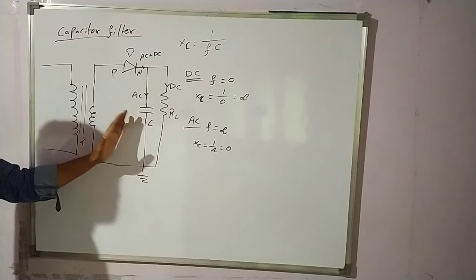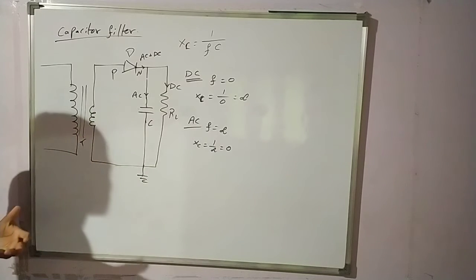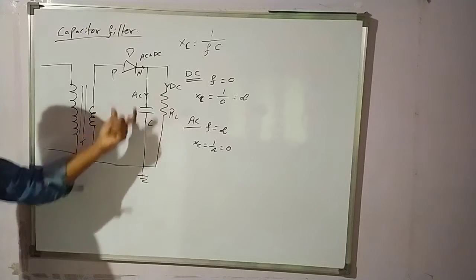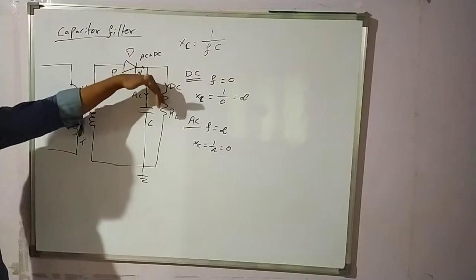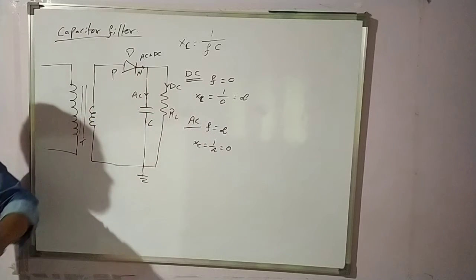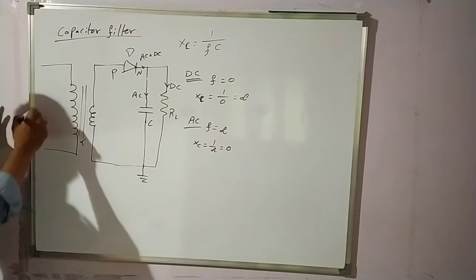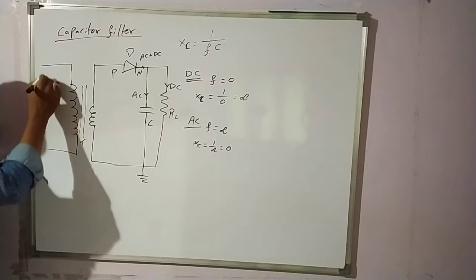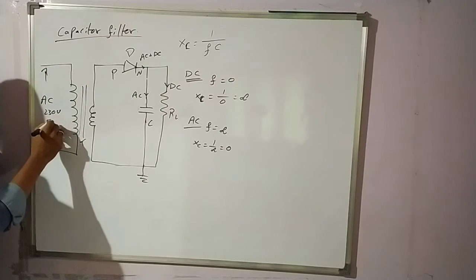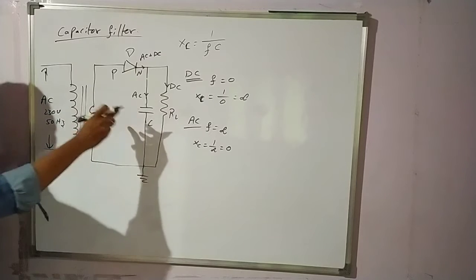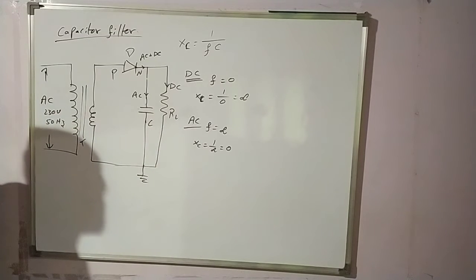This is the working. In this way, the capacitor helps me bypass the AC component of the signal, and the DC reaches my load. That is, we are able to convert the AC input signal, that is 230 volts, 50 hertz, into pure DC by using a filter.